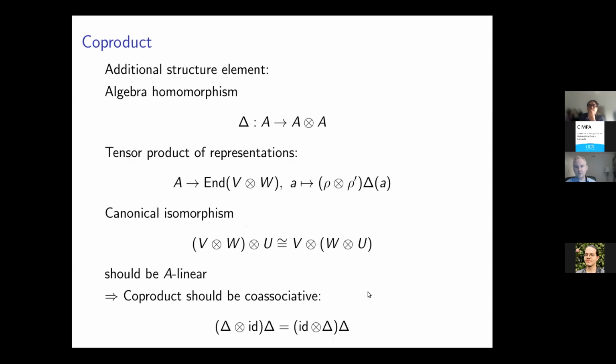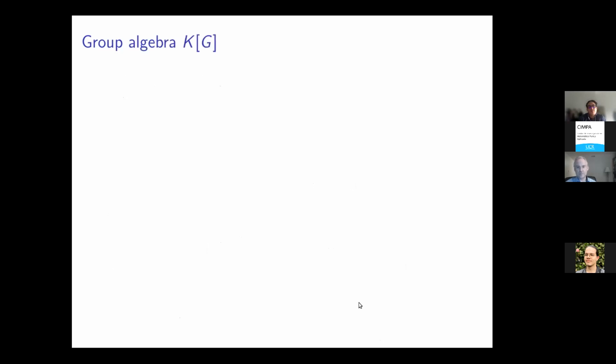So these are the two ways, and they should be equal in order for this canonical isomorphism to be A-linear. So this is like an associative law for representations, which requires that our coproduct is co-associative.